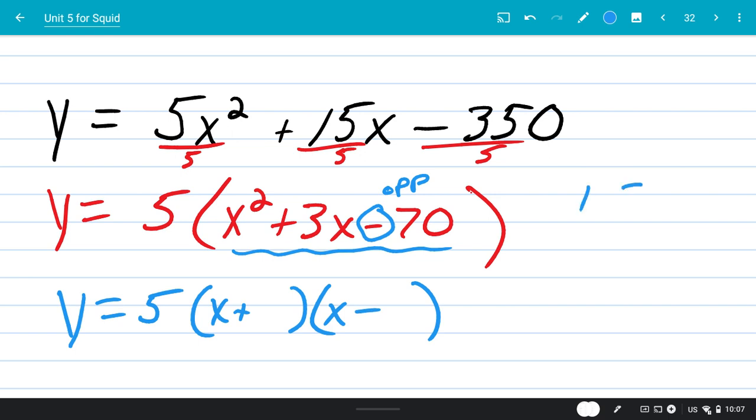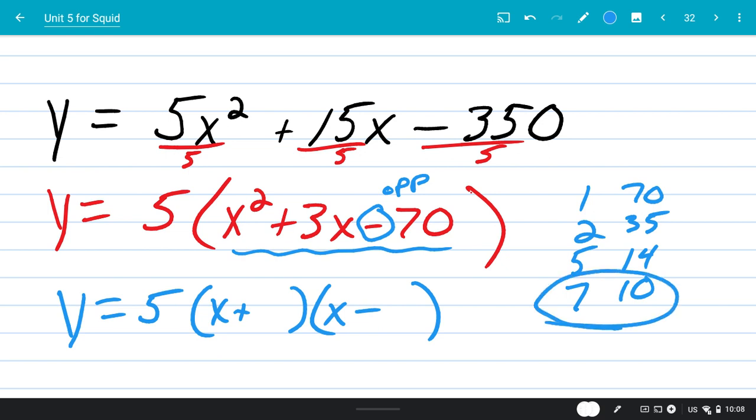Factors of 70. 1 and 70, 2 and 35, 3 doesn't go in, 4 doesn't go in, 5 and 14, 6 doesn't go in, 7 and 10, 8 doesn't go in, 9 doesn't go in. So that's it, right? Which of those come together with opposite signs to get me a 3? 7 and 10. The larger number gets the sign from the middle, so the 10 is positive, and the 7 is with the negative.